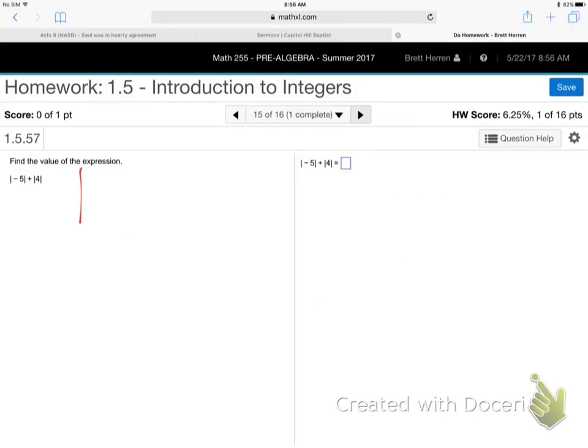Okay. So the absolute value of negative 5, absolute value of 4. Go ahead, give that a try. This is 2 separate absolute value questions, right?